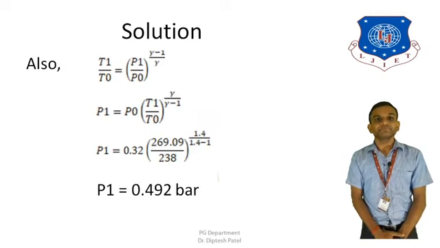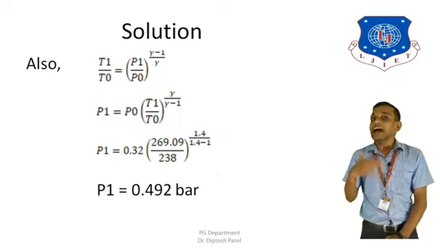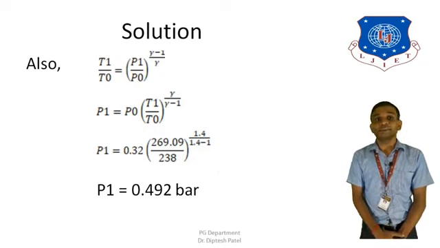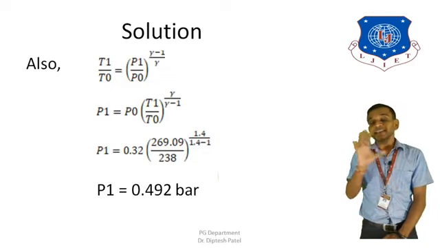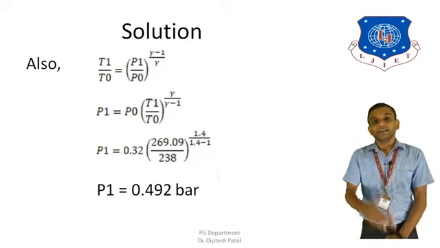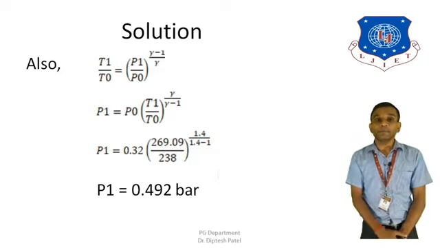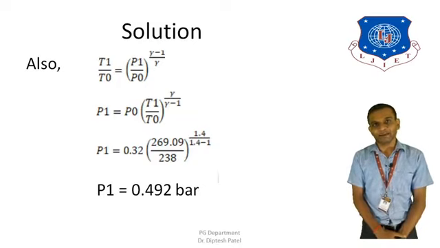Then after, next, let's find out the value of P1. Since I have the values of T1 and T0, I can get the value of P1 by using the isentropic relations, and the isentropic relations are T1 upon T0 is equal to P1 upon P0 raised to gamma minus 1 upon gamma. Right?